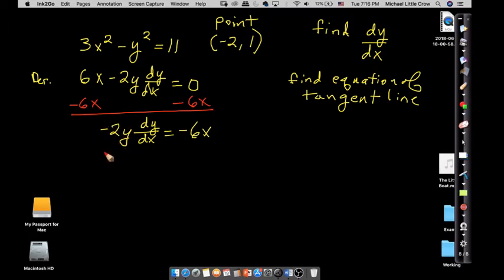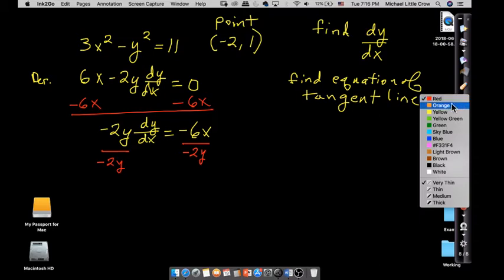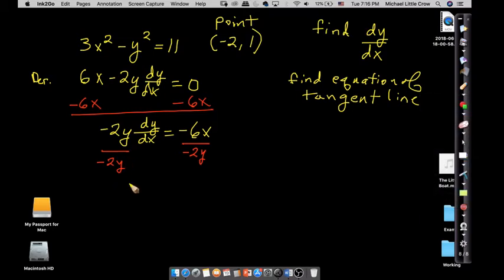Divide by this negative 2y because we don't want that in front. And so we have simplified this thing down. And we have dy dx, because this stuff cancels, right? Equals this fraction here. Can we go ahead and simplify? 6 divided by 2 is 3. Negative and negative make it positive, so it should be just 3x over y.